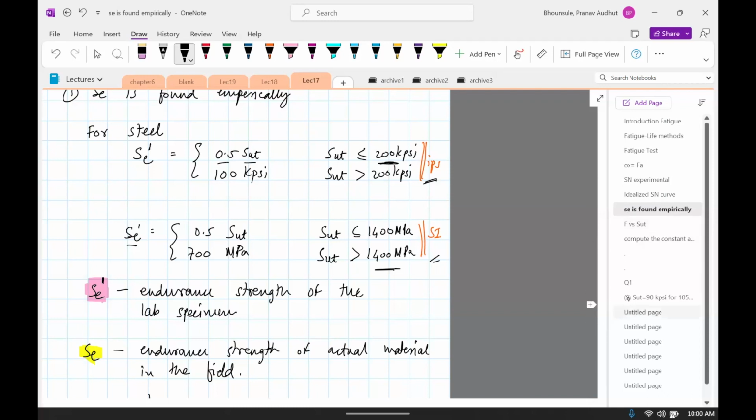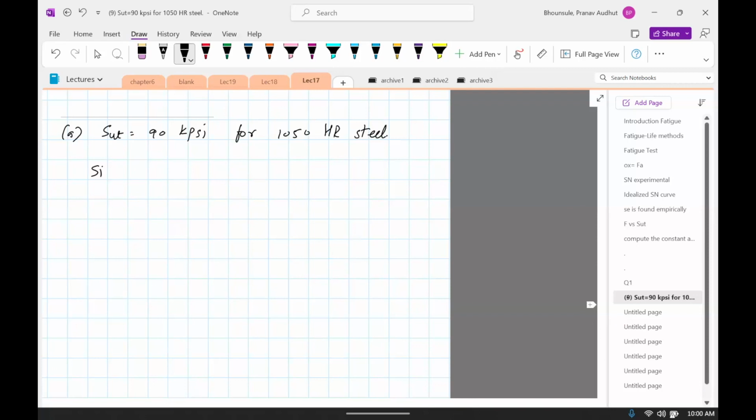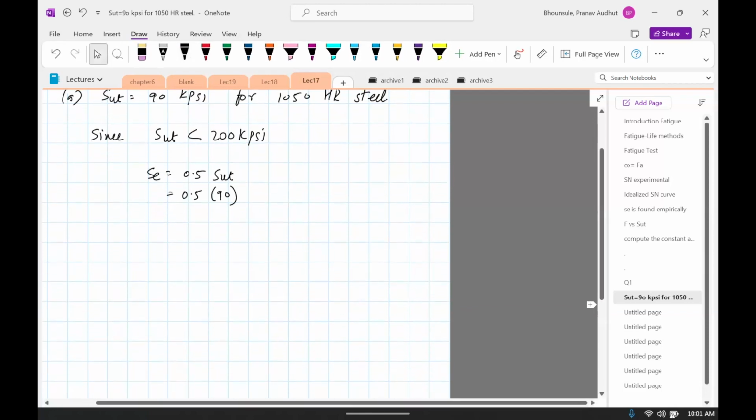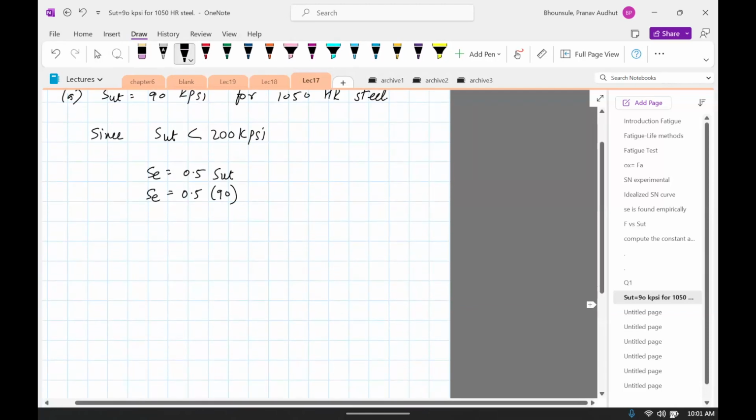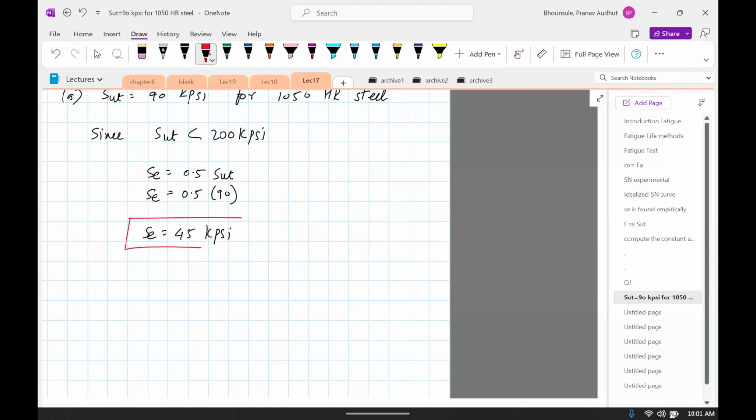So we can write, since SUT is less than 200 kpsi, SE is 0.5 SUT. So 0.5 times 90 is 45 kpsi. So that's the answer to the first question.